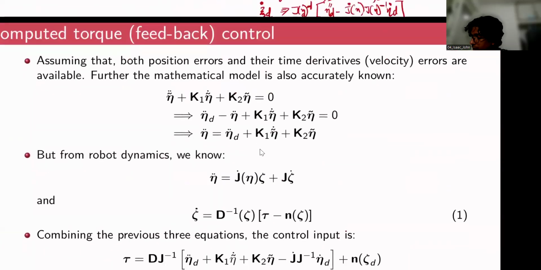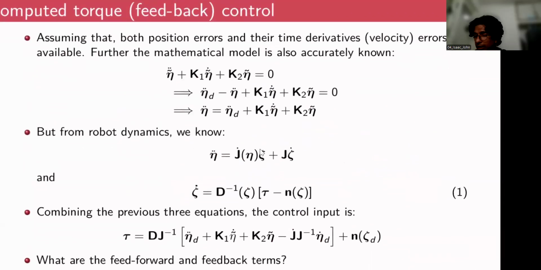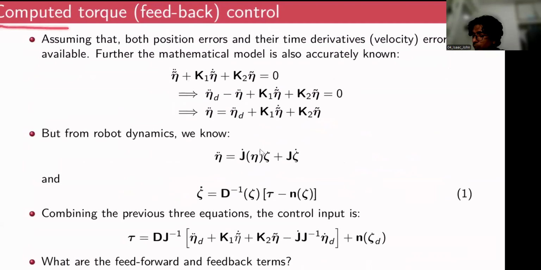Similar to how you derive the computed velocity control for kinematics, you can also derive the computed torque, or the closed loop feedback control. The final expression would look something like this.